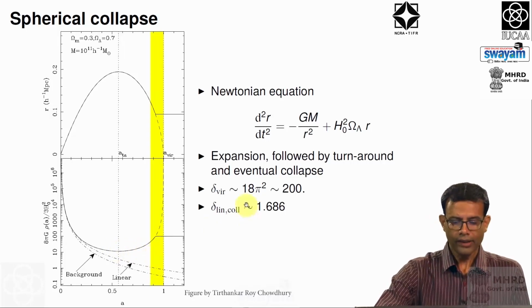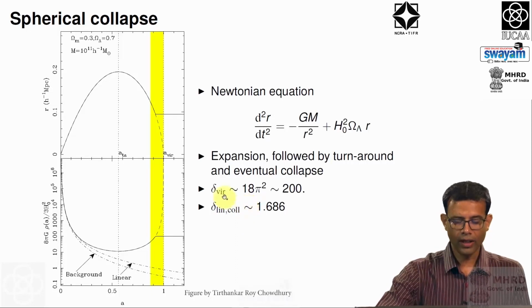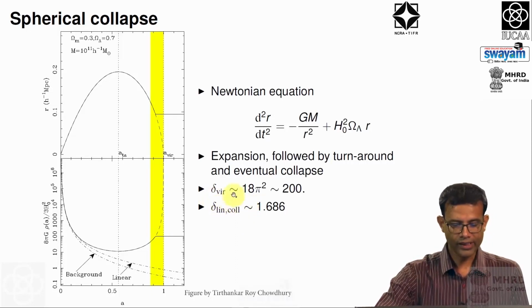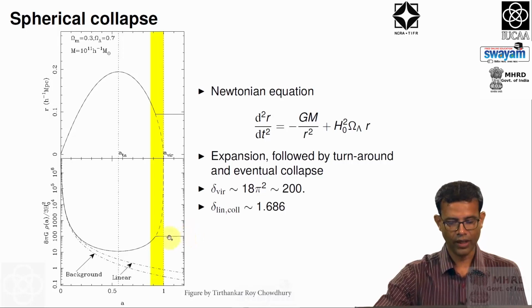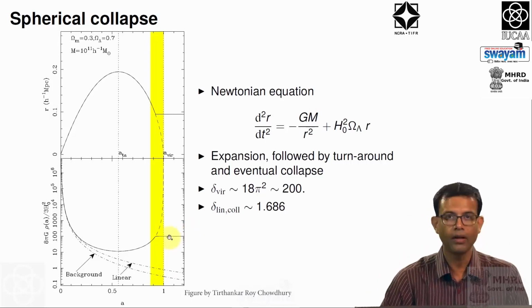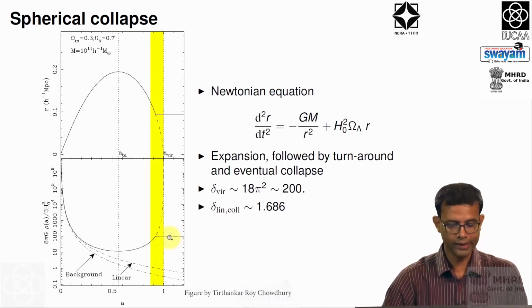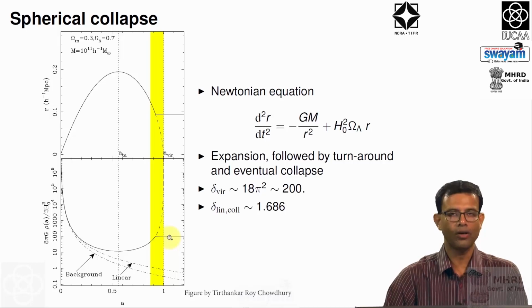Okay. Something which is interesting is you can work out the density contrast when the whole system has virialized and attained this stable equilibrium. It turns out that this density contrast is of the order of 18 pi square, or of the order of 200. Okay.